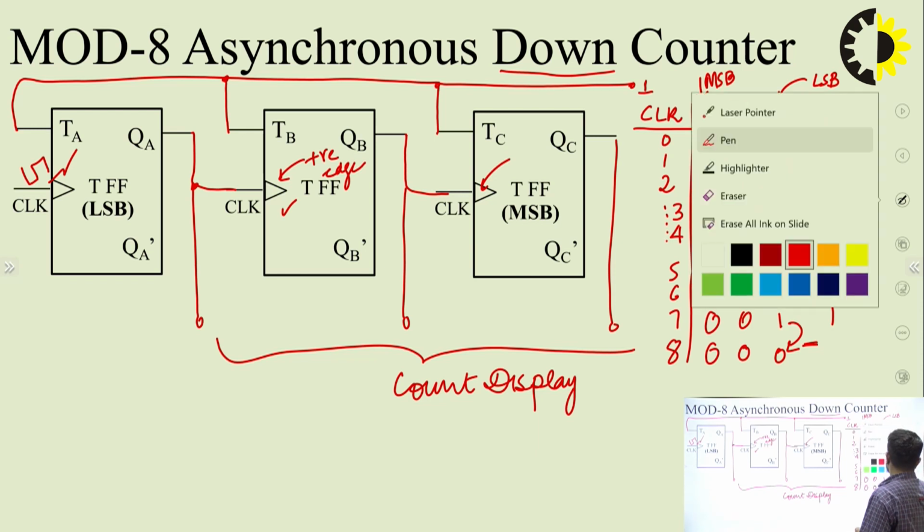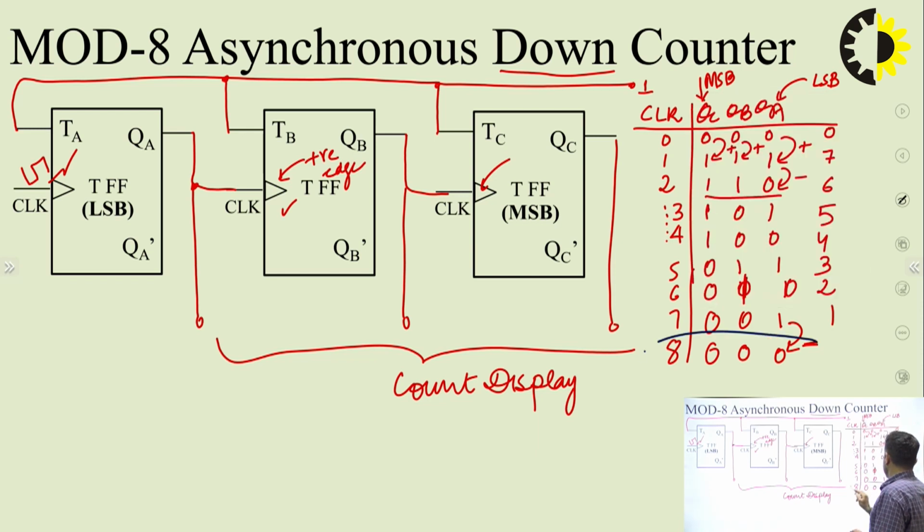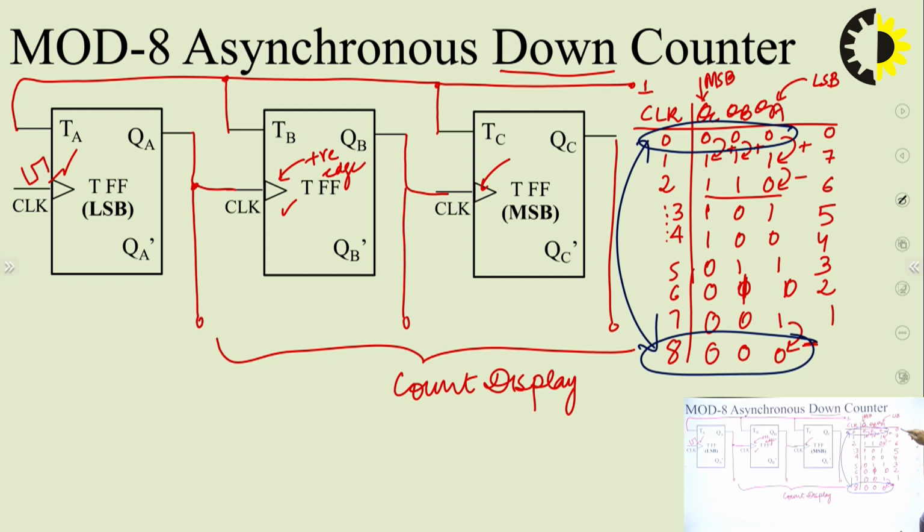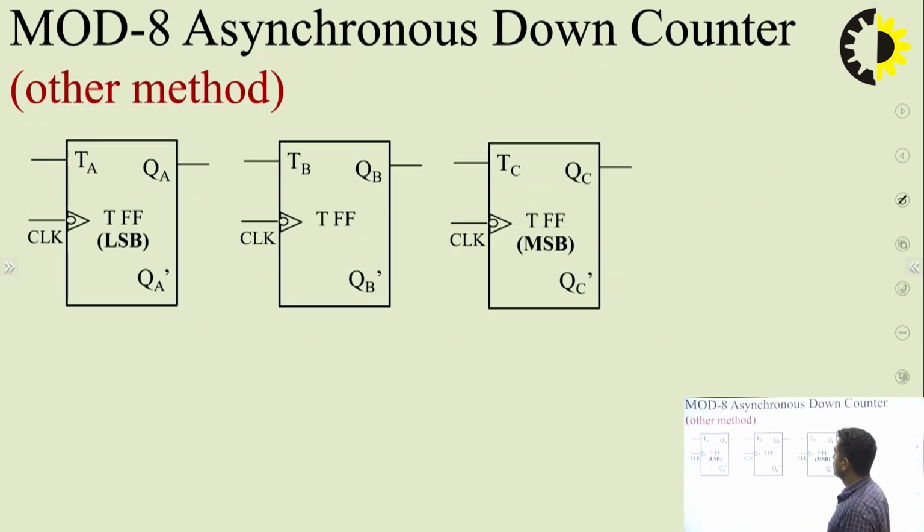That means again we can check that this 8th pulse is similar to the first pulse, and the direction observed in the count is 0, 7, 6, 5, 4, 3, 2, 1, 0, and further back to 0 and 7, 6, 5 and so on. So this is mode 8 asynchronous down counter.